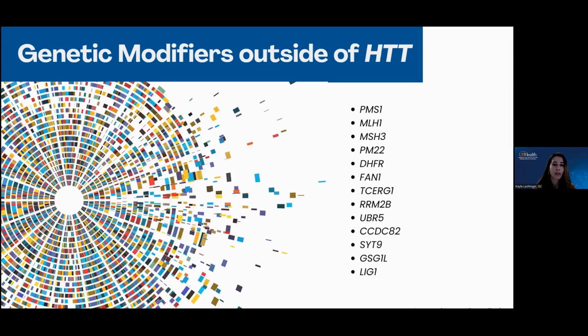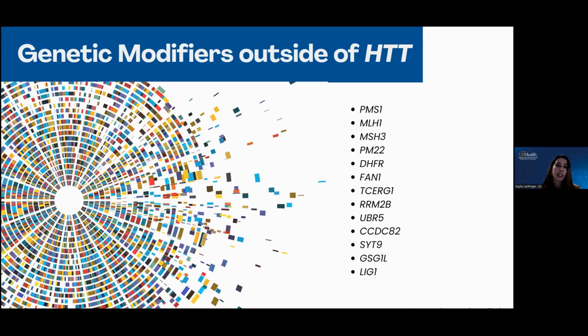And then outside of the Huntington's gene, outside of HTT, we have nearly 20,000 other genes in our body. And there is a growing list of those that we think are involved in Huntington's and affecting it. A few of them are listed here. The majority of them so far are what we call DNA repair genes, so they go in and fix the DNA.